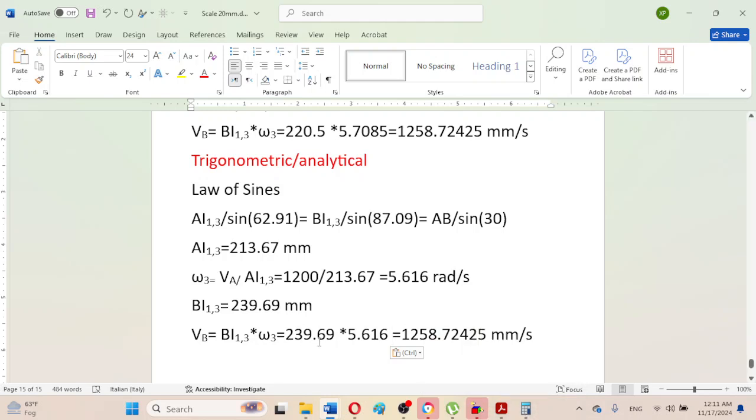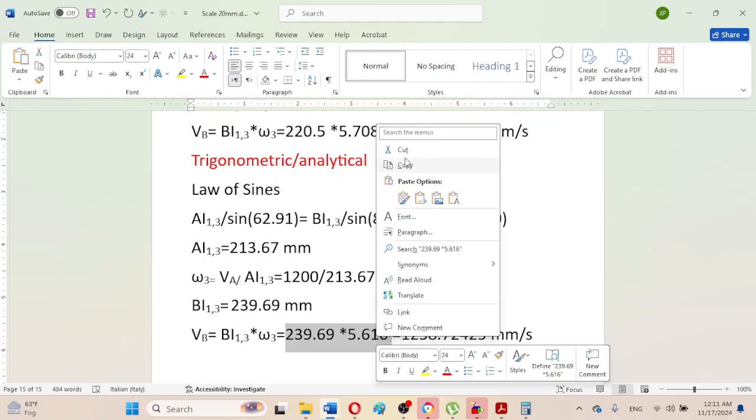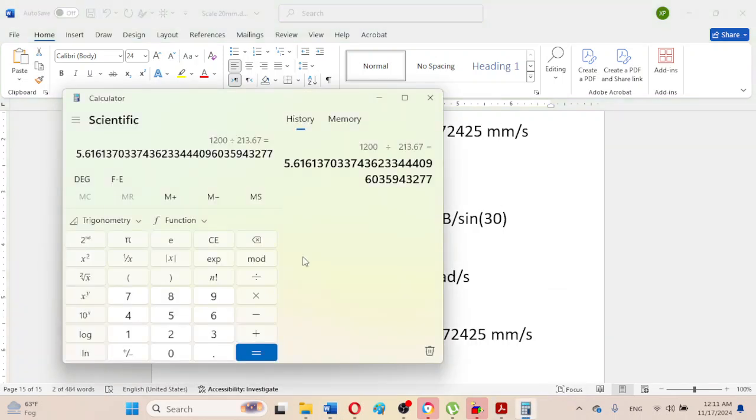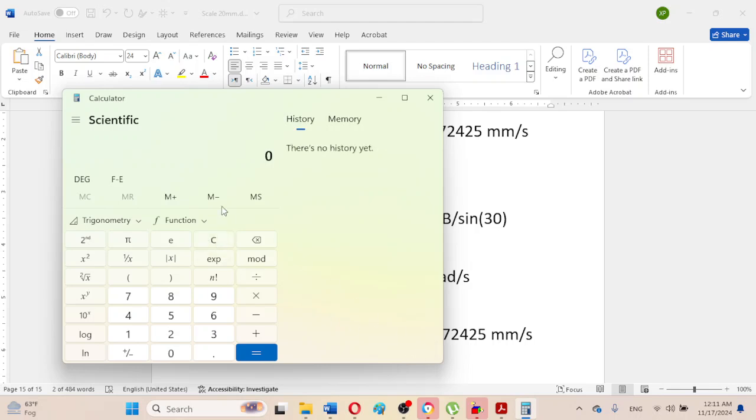Now for example I can copy it from here, clear all this history and paste it here. So enter, as we can observe here, 1346.09.